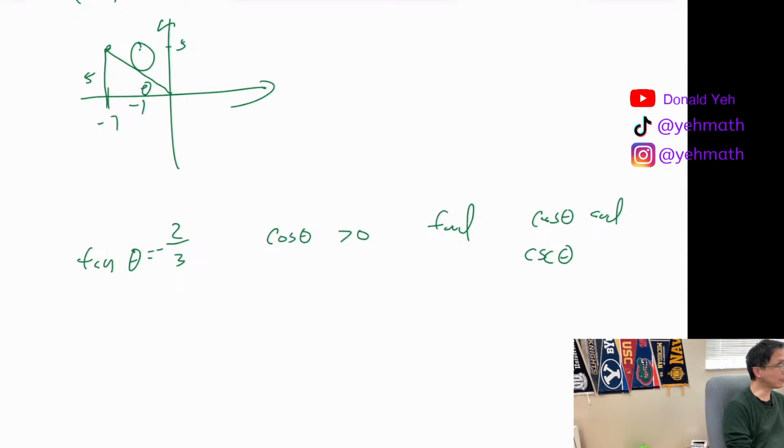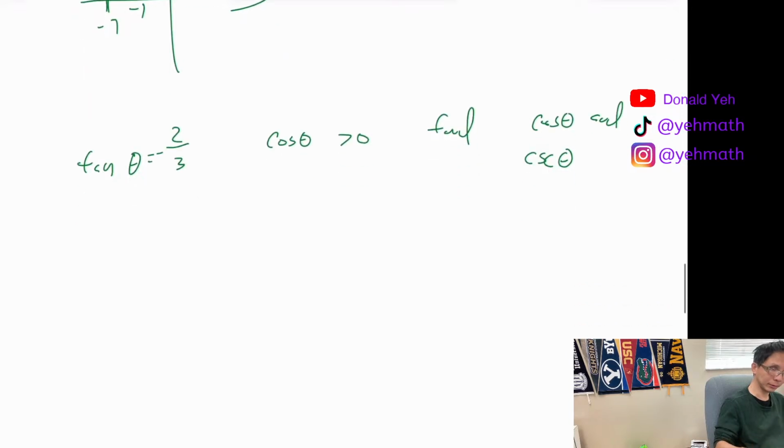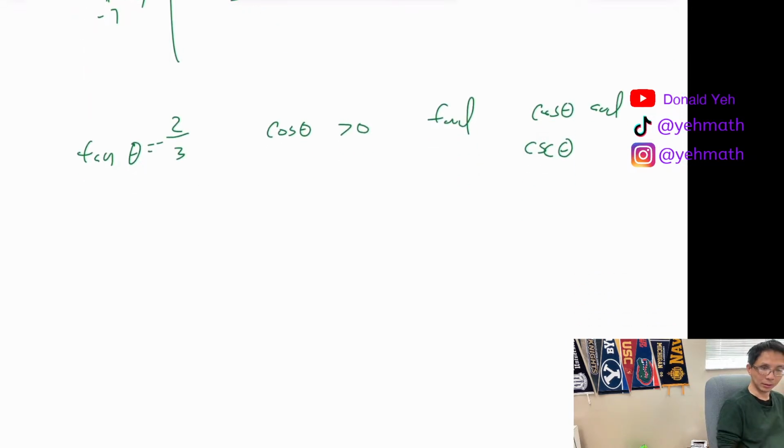Draw the quadrant, double check which quadrant it is by assigning signs. When cosine theta is greater than 0, and when tangent theta is negative. What? Quadrant 4, good. Find cosine theta and cosecant theta.